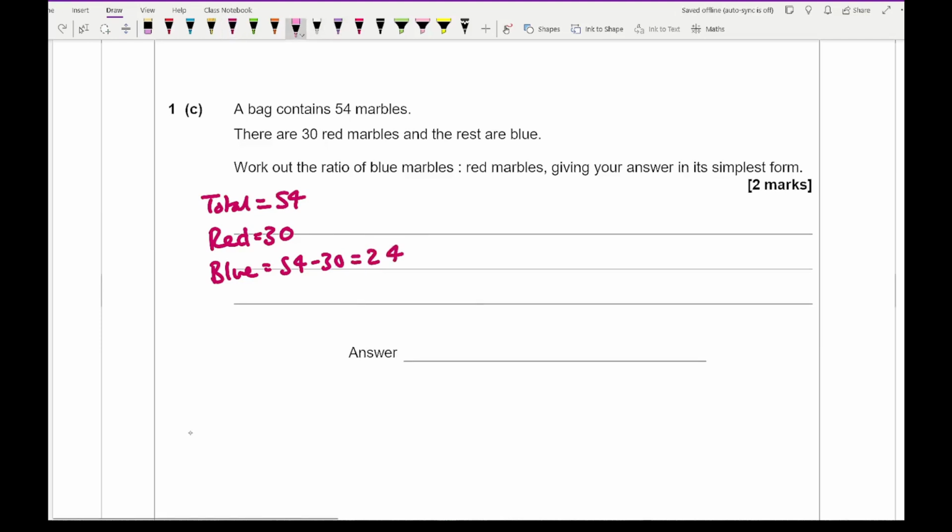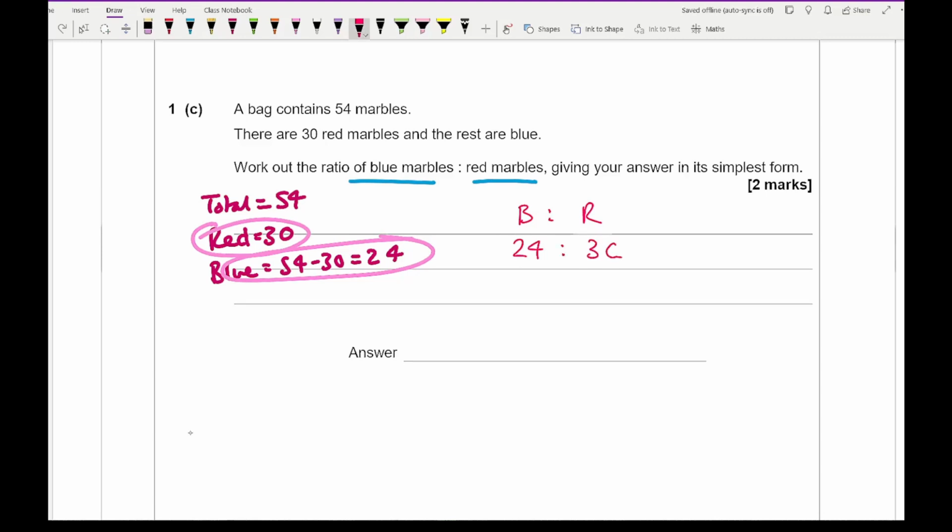So then taking these two numbers here, I get red. Oh, I want blue, so always make sure you're reading the question carefully because I made that slip there. So I've got blue to red. So here we've got blue to red, and that is going to be 24 to 30. And then I can divide both numbers by 6, so that's going to be 4 to 5.